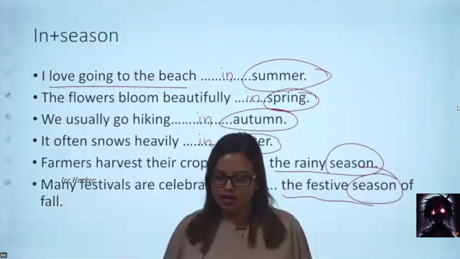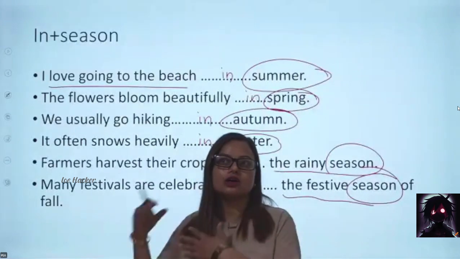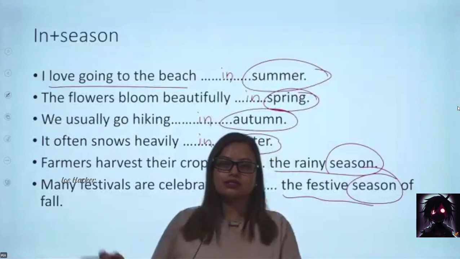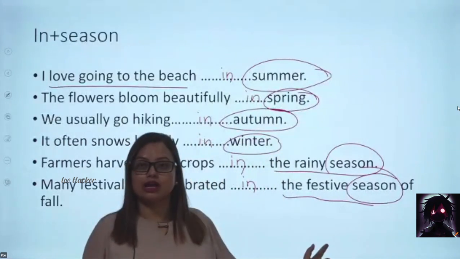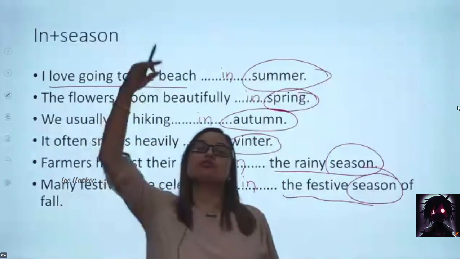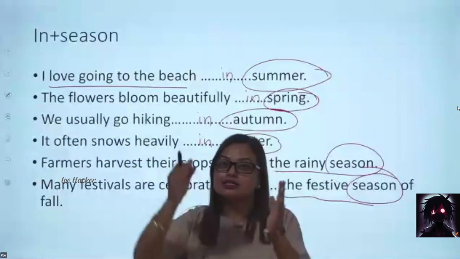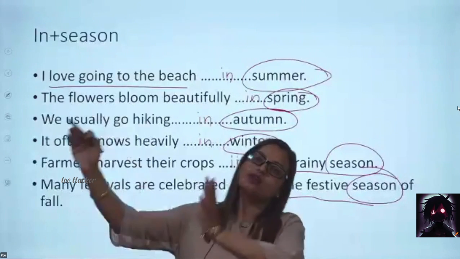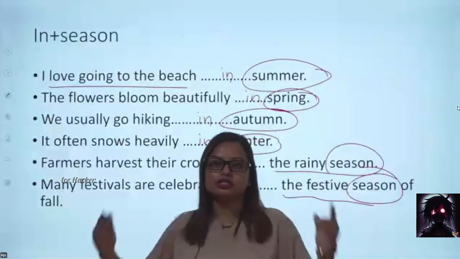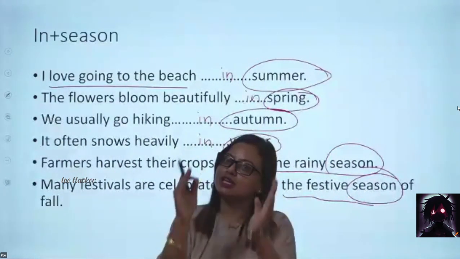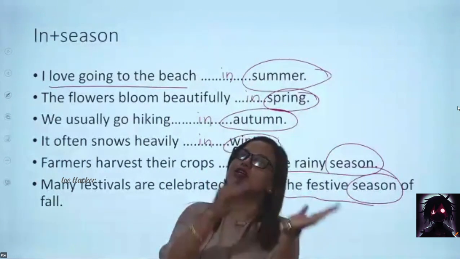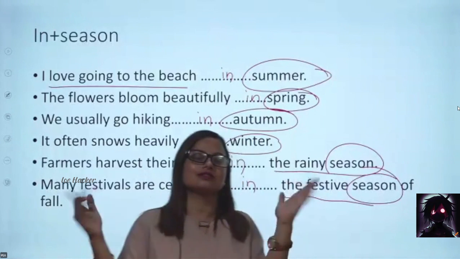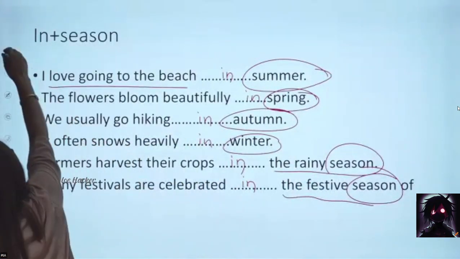If we compare our previous slides, their concept, their logic, then it doesn't match, because our season has also followed articles. In other cases, an article has changed your scenario and we have gone for another preposition, but in terms of season it remains the same preposition, either it comes with an article or not. So "in" plus season.